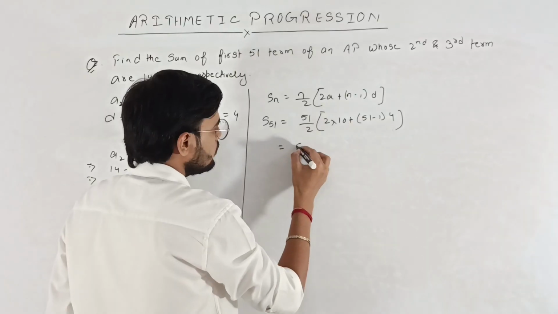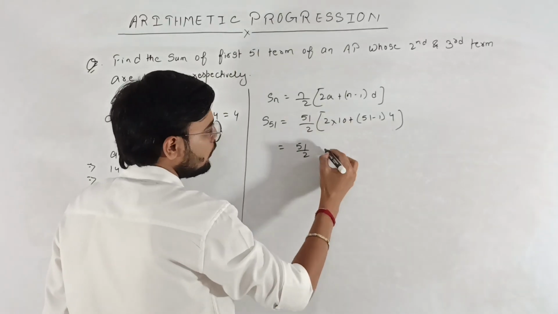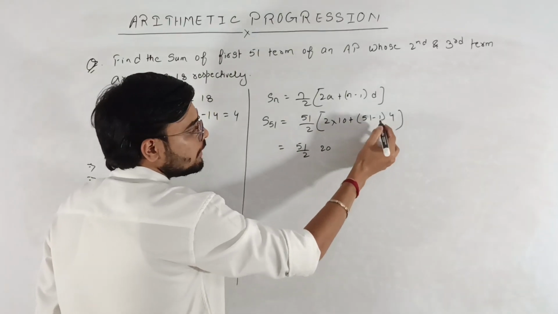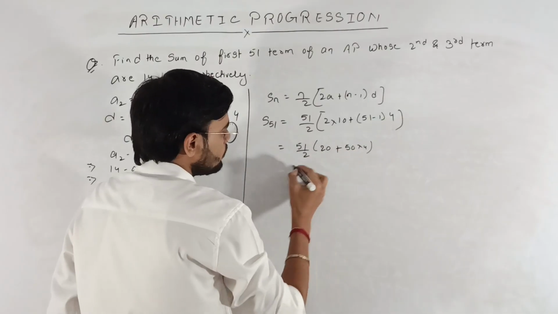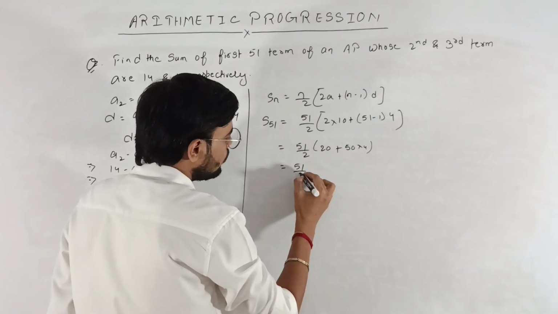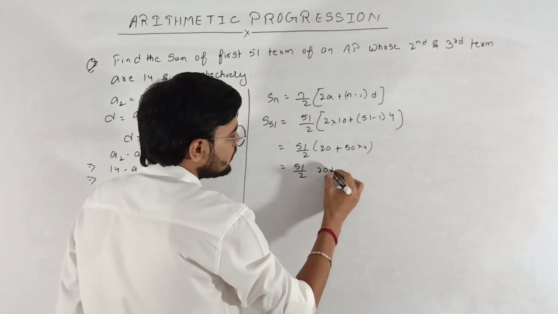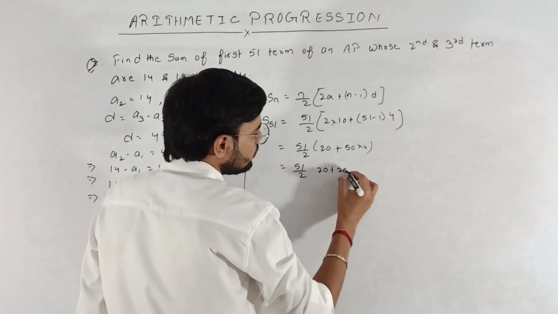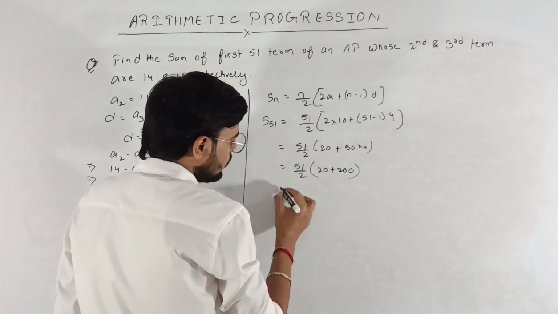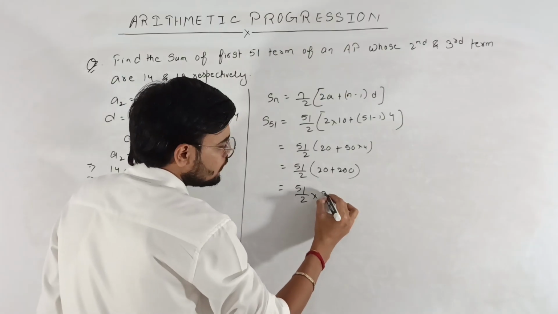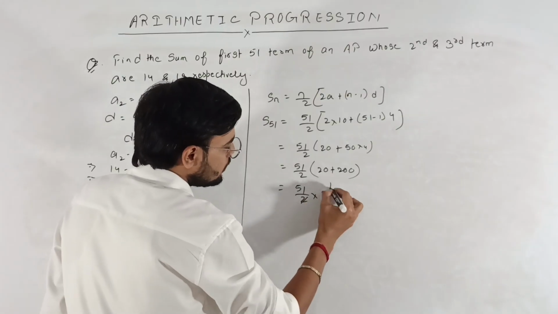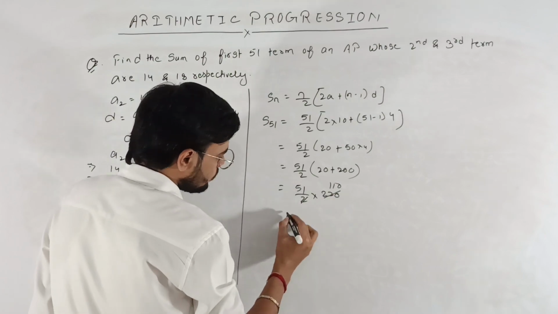Now calculate this. So 51 upon 2, [2 into 10 is 20, plus 51 minus 1 is 50, into 4], which is 51 upon 2, [20 plus 200]. Now this is 51 upon 2 into 220, which is 110.